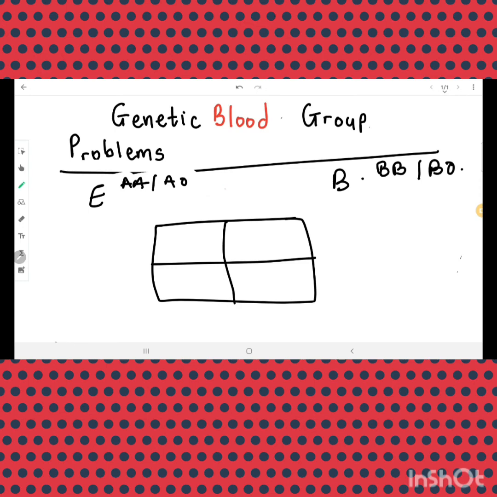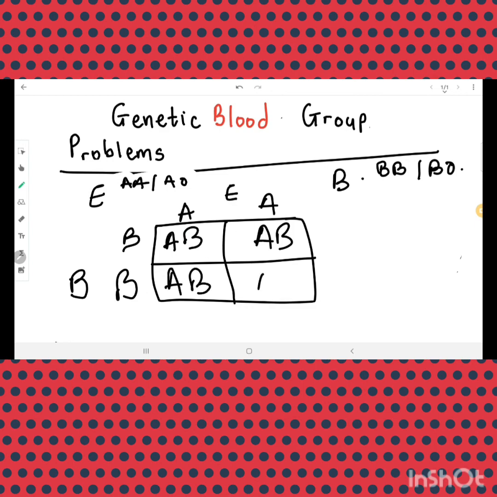Eric is going to be on top and Bambi below. Let's run AA and match that with BB. Here we have AB, AB, AB, and AB. So that's a hard no.